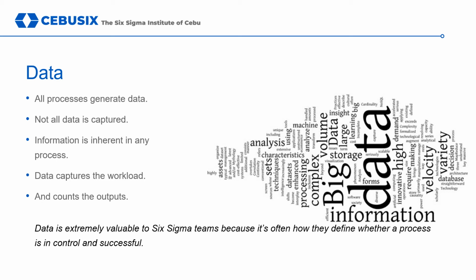A process for filling bottles with liquid might generate data such as how much liquid is placed in each bottle, how many bottles per hour are being filled, and perhaps variation between the bottles. Data is extremely valuable to Six Sigma teams because it is often how they define whether a process is in control and whether it is successful.